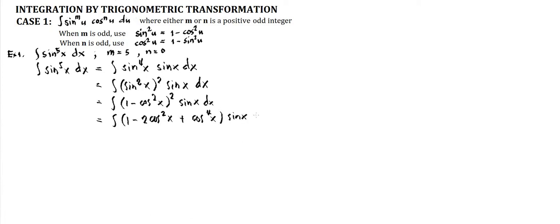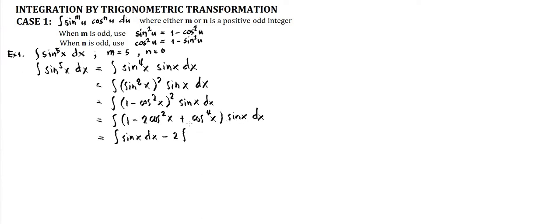Itong sine of x, imu-multiply natin sa loob at pagkatapos ihihiwalay natin yung integration ng bawat term. So, we have integral of sine of x dx times 1 ay sine of x dx. And then next, meron tayong negative 2 rito. Ito ay constant, pwede natin siyang isulat sa labas ng integral sign.